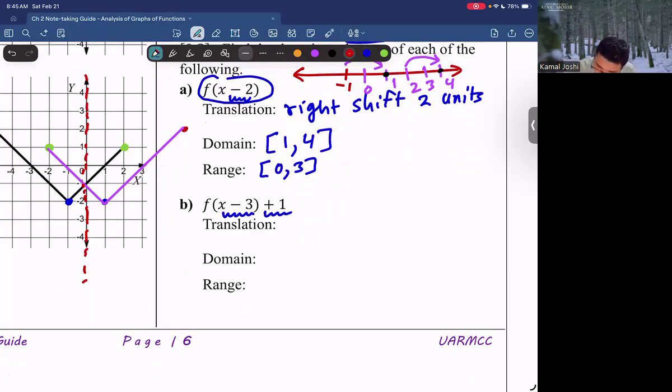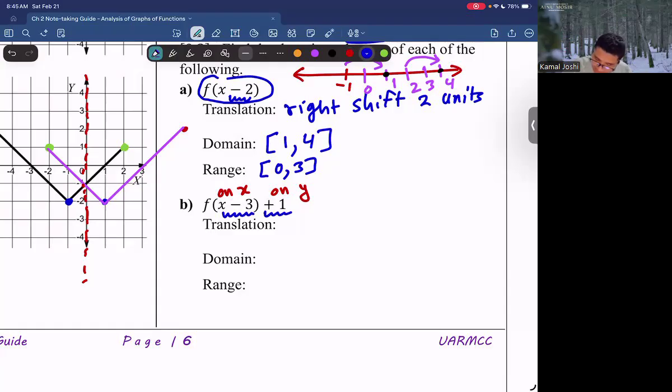Let me write that separately. The x minus 3 is on x. The plus 1 is on y. The f(x - 3) is the y value, right? The function value. So plus 1 on the y value.